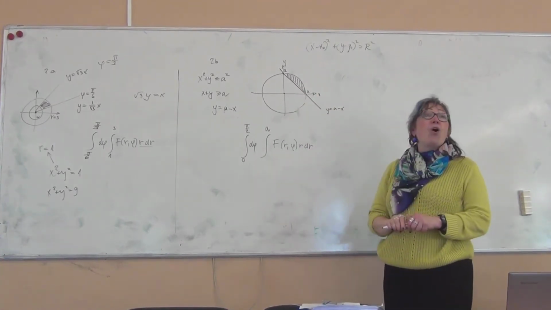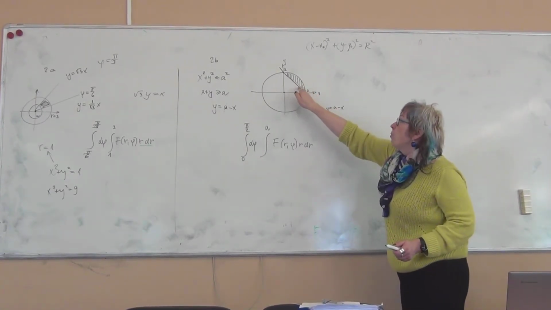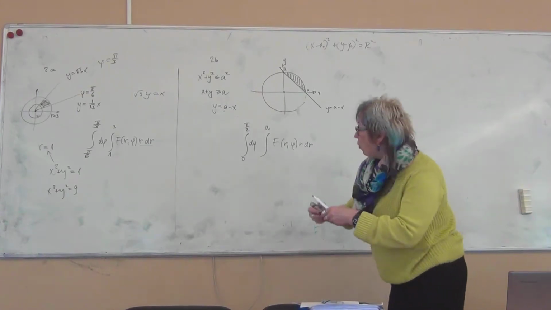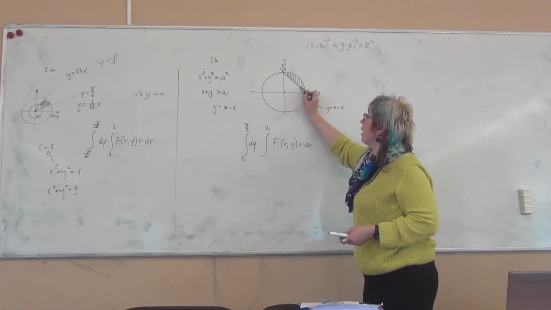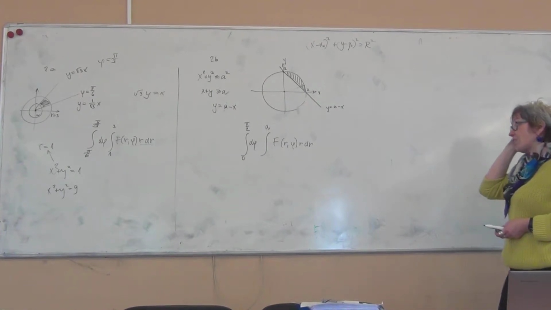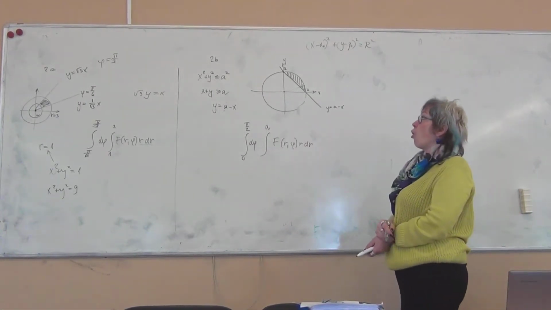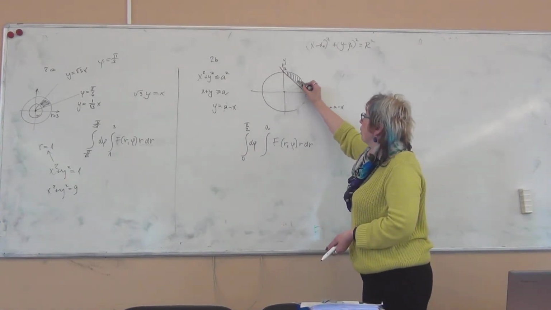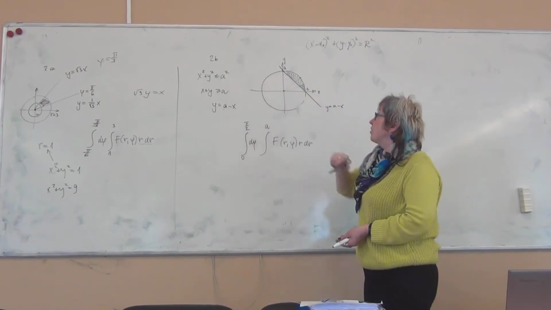We are using all radius values from this to a, as we go along a radius, from the point on the line to the point on the circle. The point on the circle has the property r equals a, so the upper boundary is a for all these points. The upper value of r is always the same.